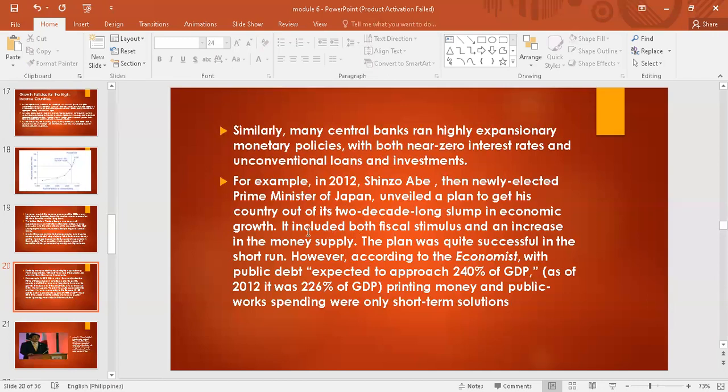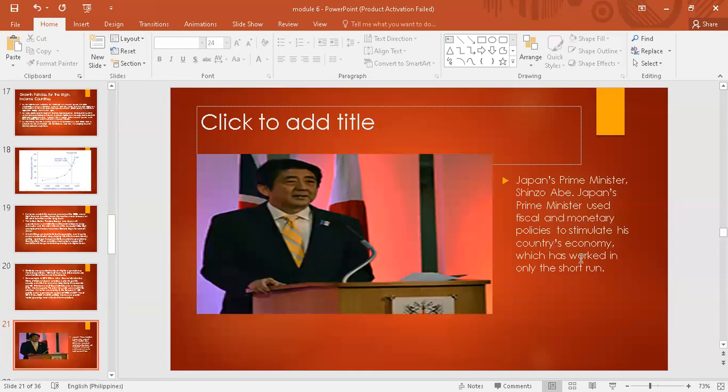So, para mas magkaroon ng stimulus or mag-increase ng money supply, they offered low interest kung saan dahil low interest, nagkaroon ng printing ng mas maraming pera, para magamit sa public works spending. Okay? So, ito po si Shinzo Abe.